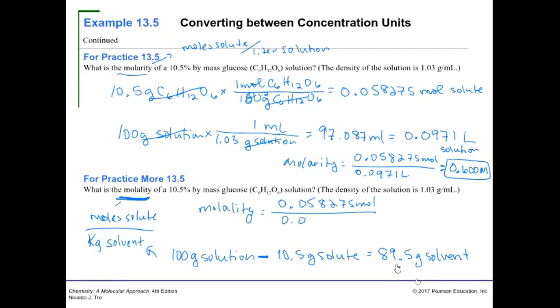That would be 0.0895 kilograms of solvent, because molality is the only one that is just based on solvent, not the whole solution. And so that comes to 0.1. And then again, we try to make that fancy looking M for our molality units.